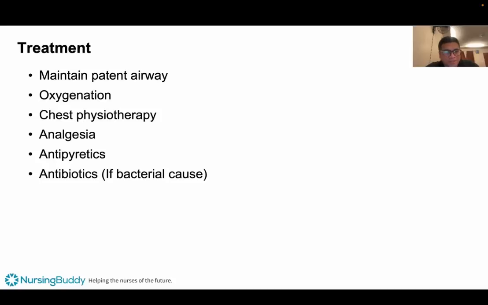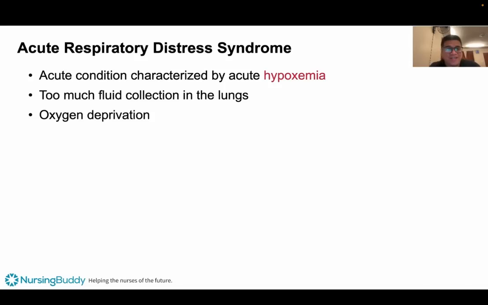Of course, maintain a patent airway. Oxygenation is also important. Chest physiotherapy is to loosen and excrete secretions. Analgesia, like paracetamol, and also antipyretics, and we use antibiotics if the cause of pneumonia is bacterial. So remember these things.